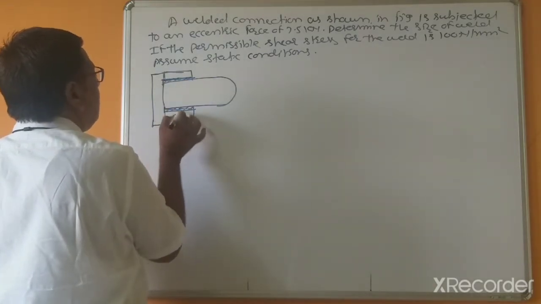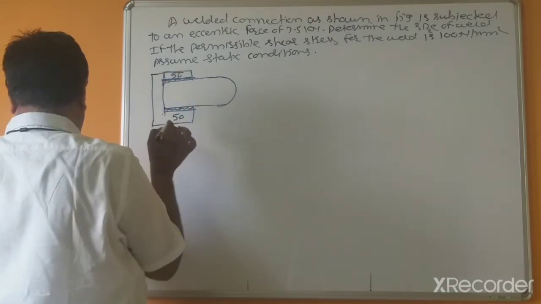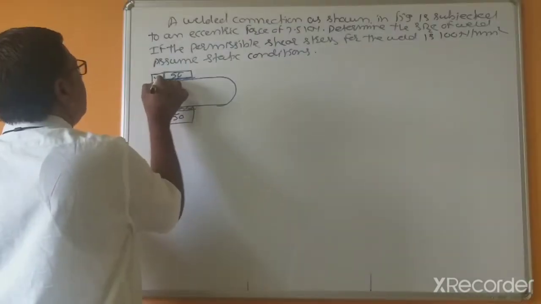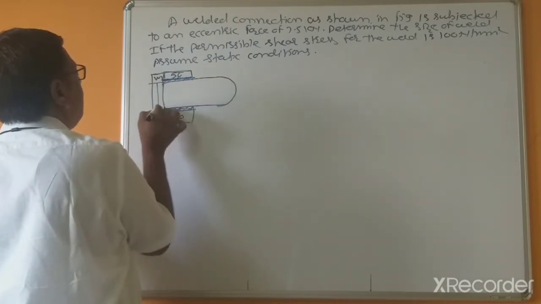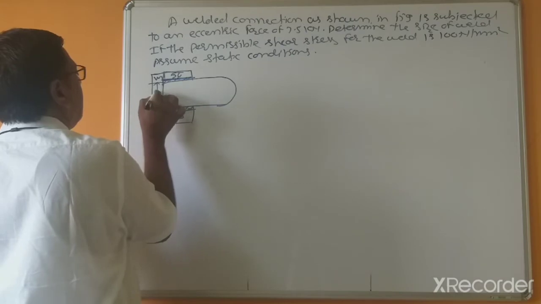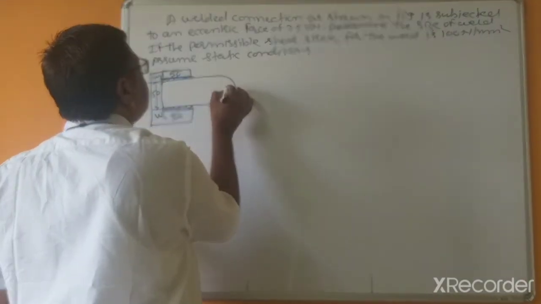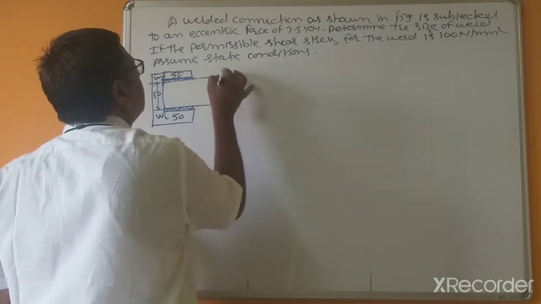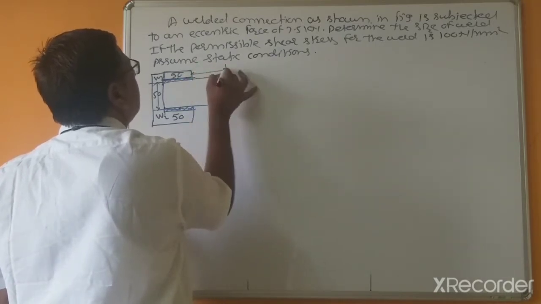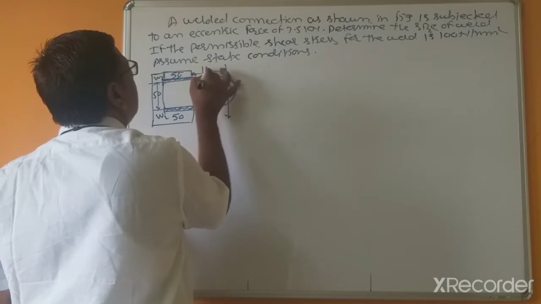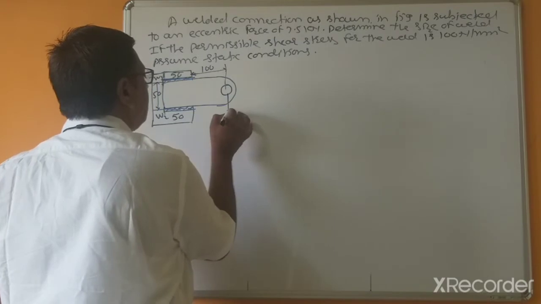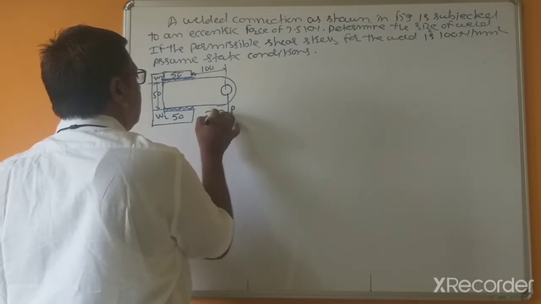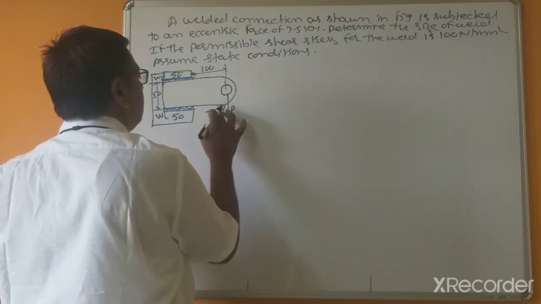This is 50 mm. Weld first, weld second. This distance is also 50 mm. This distance is equal to 100 mm. P equal to 7.5 kilonewton.